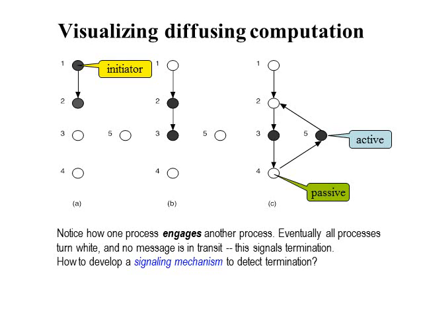Even after 4 became passive, 3 continued to remain active. And now finally process 5 is trying to engage process 2 in the algorithm.